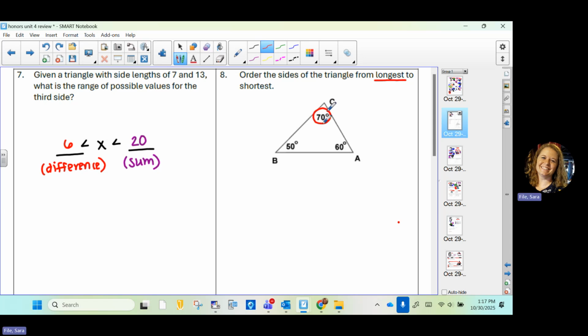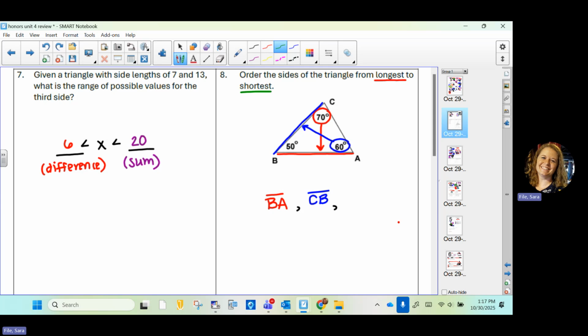Yeah, angle C, 70. So it's across from side BA. So BA is the longest side in this triangle. Then in the middle is the 60-degree angle, which is across from side CB. So it will be the middle side.